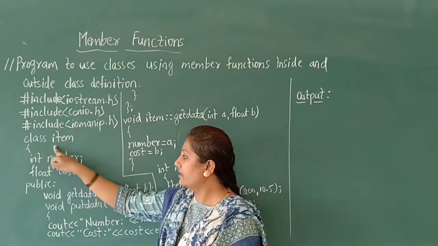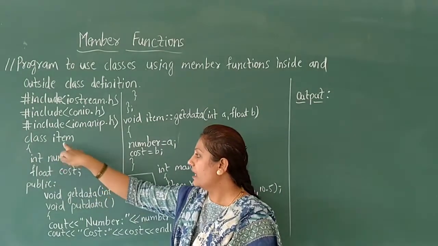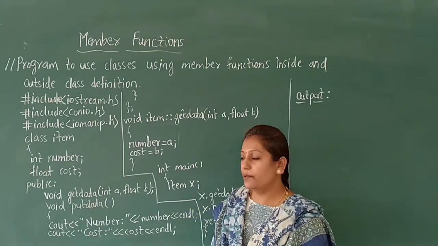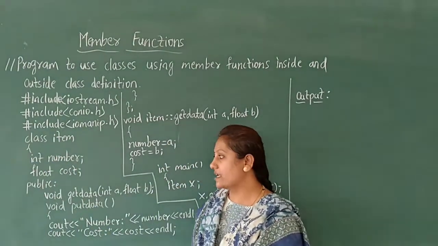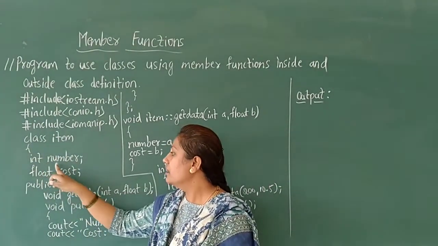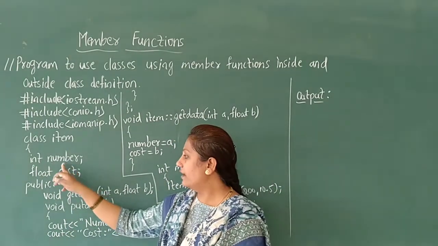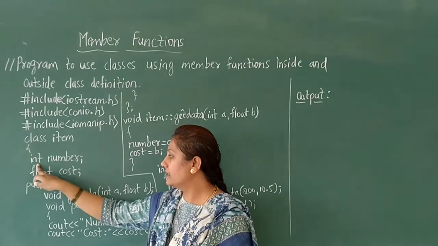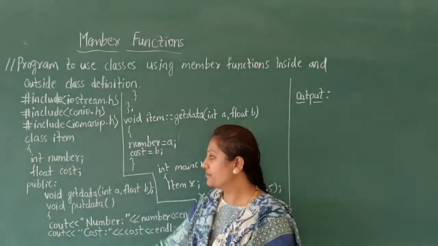And next, we have created a class Item. Item is the name of the class and is created with the keyword class. And number, cost, two data members. Number is declared with data type integer, cost is declared with data type float.